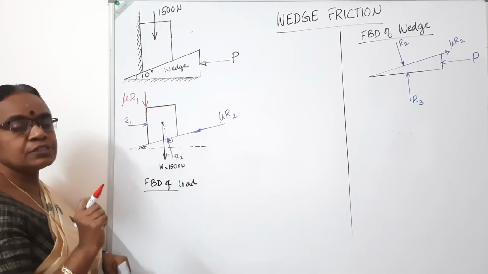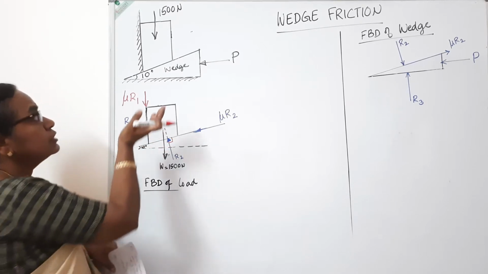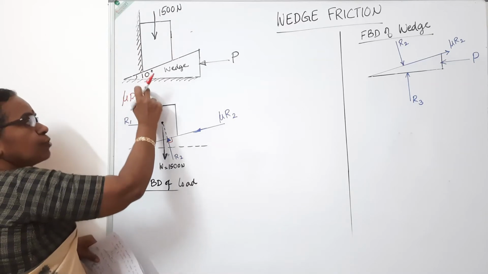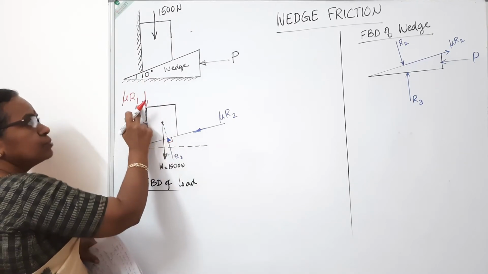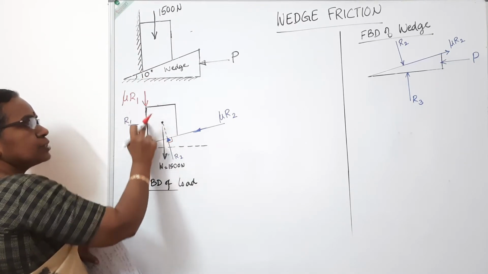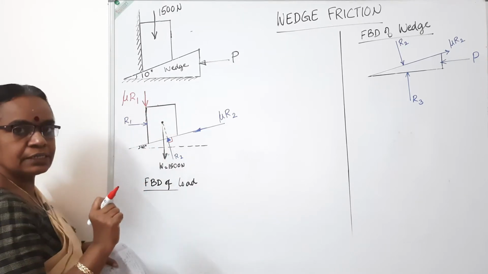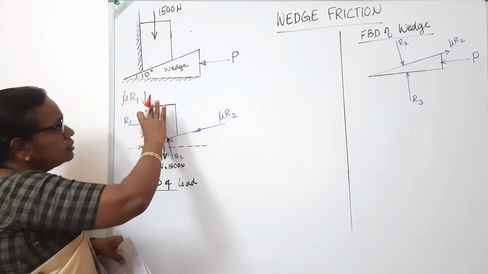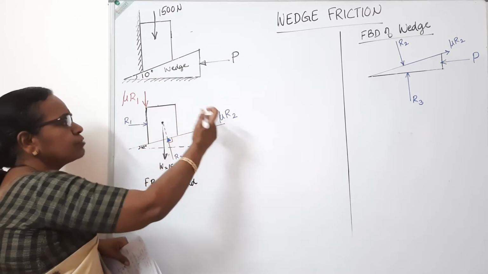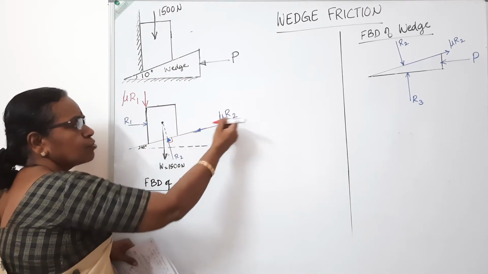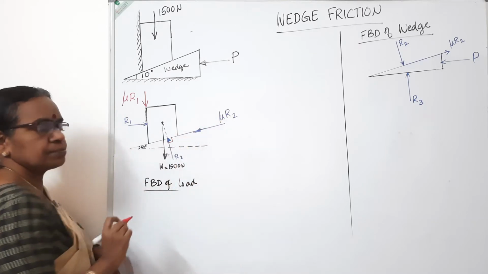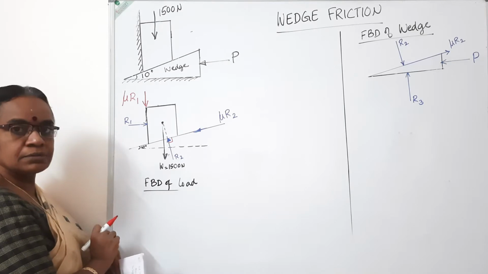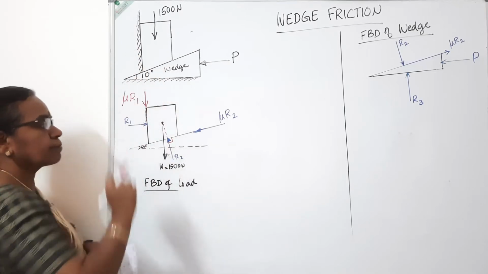Now considering friction, as the wedge is lifted up, there will be frictional force acting along this line, mu R1, mu times R1, frictional force acting downwards because wedge is lifted up. Similarly, the wedge gets lifted up, therefore the frictional force in this plane will also act downwards, mu R2. So these are the free body diagram of the load or the block.